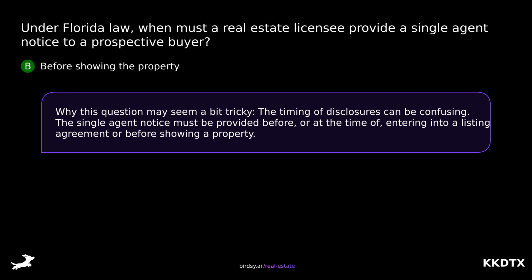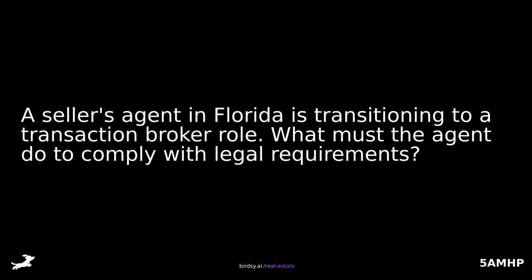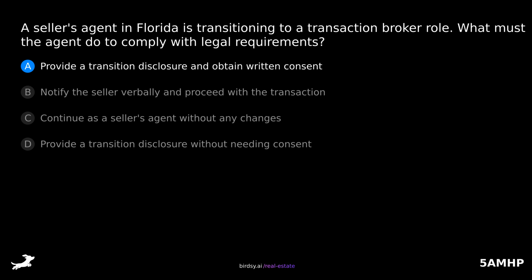A seller's agent in Florida is transitioning to a transaction broker role. What must the agent do to comply with legal requirements? Is it A, provide a transition disclosure and obtain written consent? B, notify the seller verbally and proceed with the transaction?